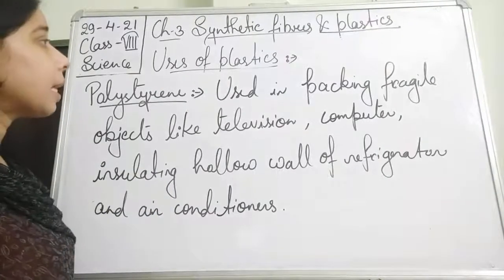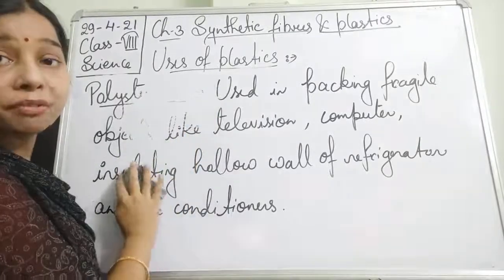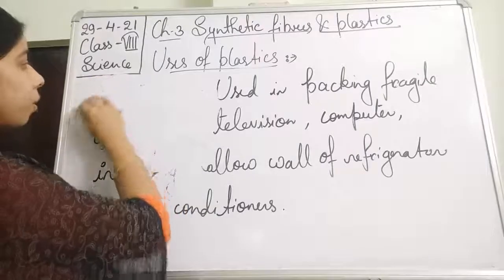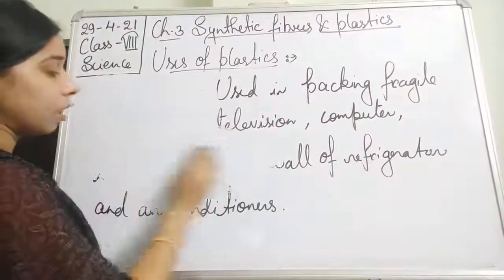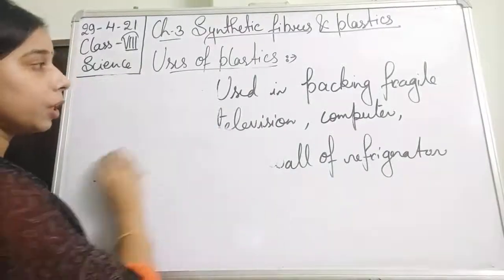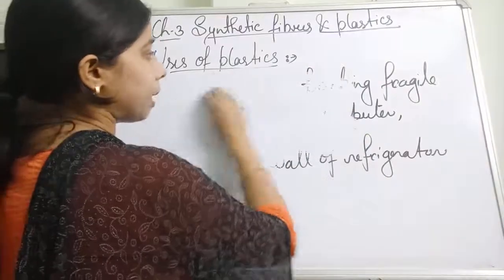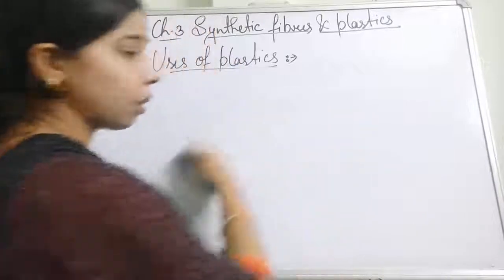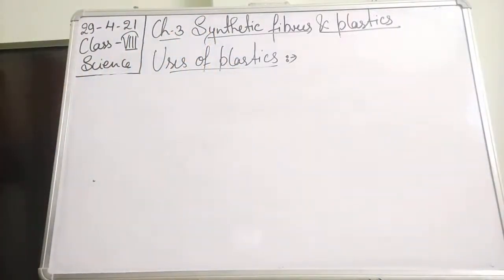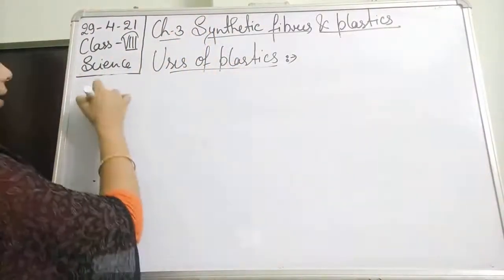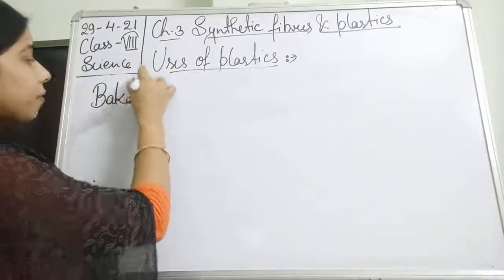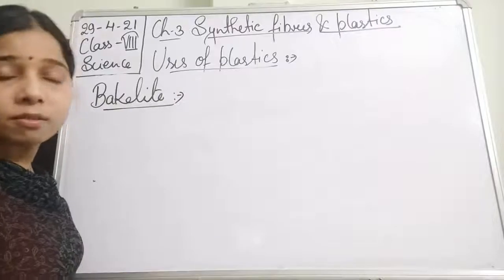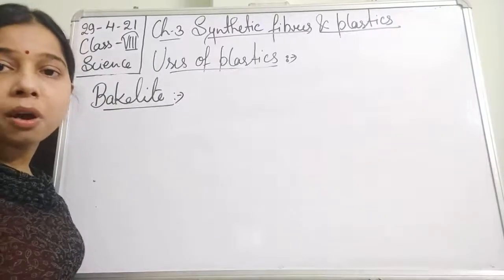Now the next type of plastic, student, is bakelite. You know that bakelite is an example of a thermosetting plastic. So let us see where we will use this type of plastic, the bakelite plastic, students. Okay. So next one is bakelite. You have seen the plugs and switchboards present in your house.